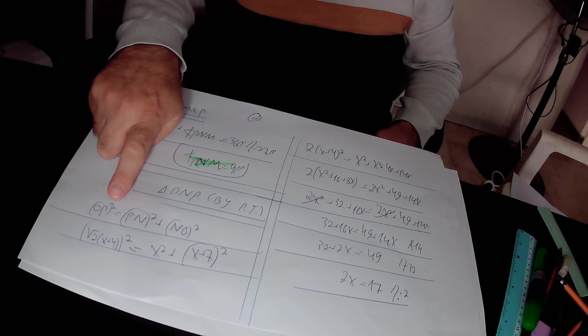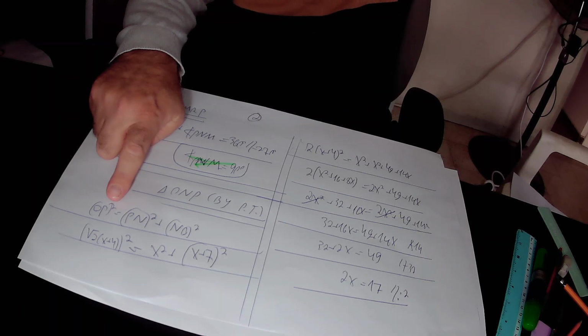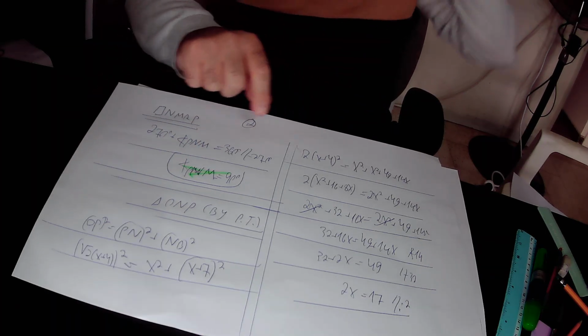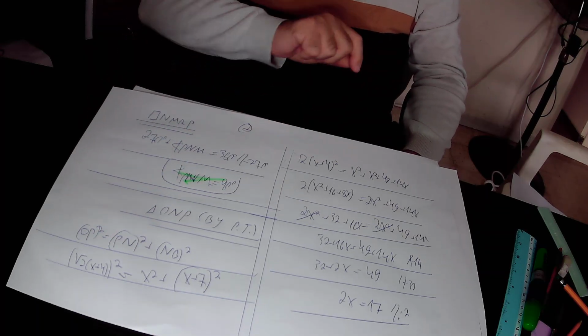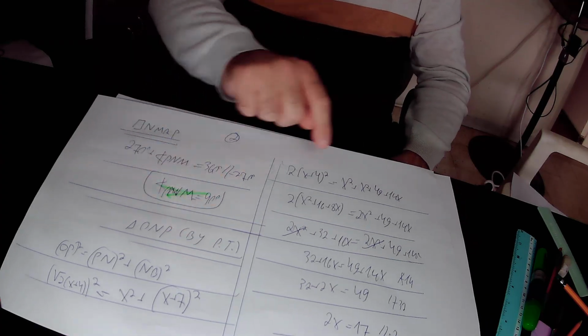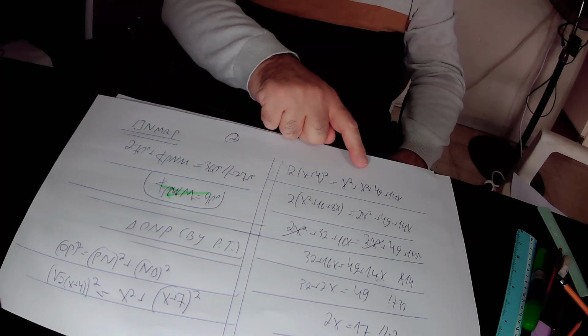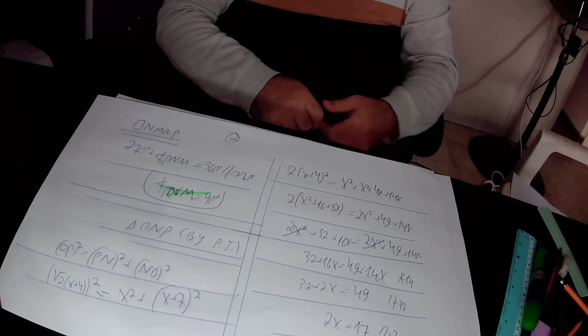Here, open the brackets of this expression. We have square root of 2 squared is 2, times (x plus 4) squared. And it equals x squared, and (x plus 7) squared equals x squared plus 7 squared, that is 49, plus 2 times x times 7, that is 14x.